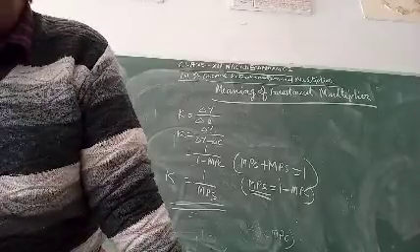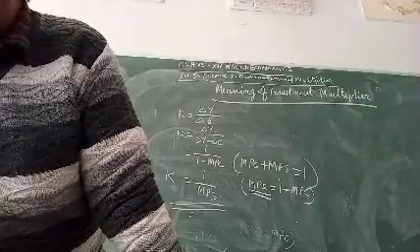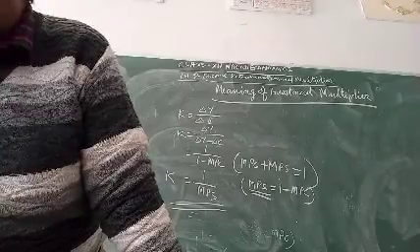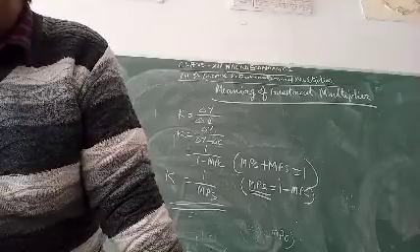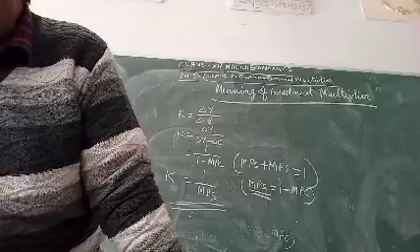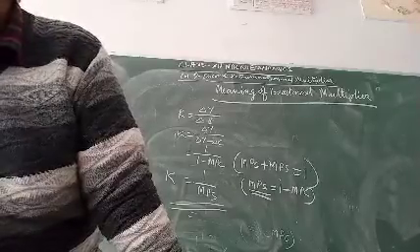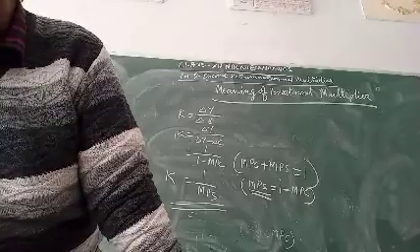The multiplier process works on the basis that investment generates income, and additional income causes a change in consumption depending on MPC, that is marginal propensity to consume. Additional consumption expenditure generates additional income for producers of goods and services.